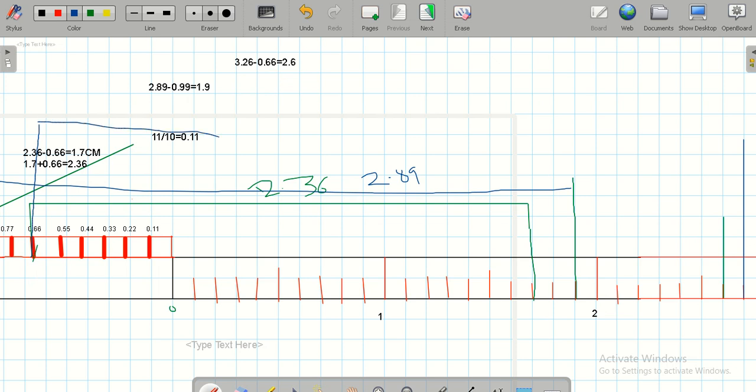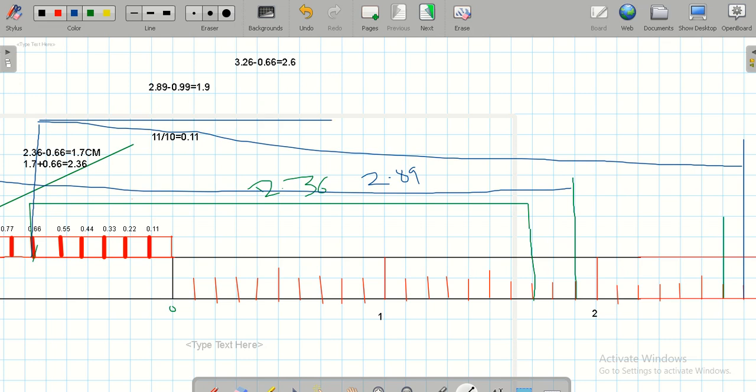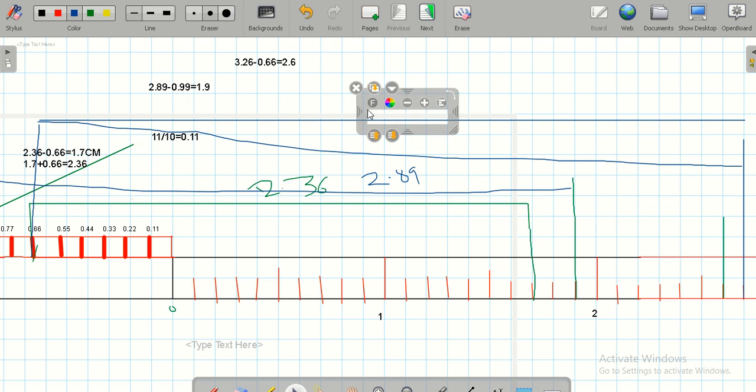Now connect it. This length is 3.26 centimeter.